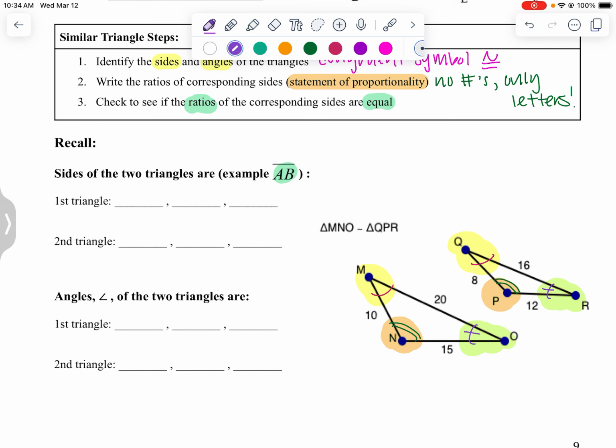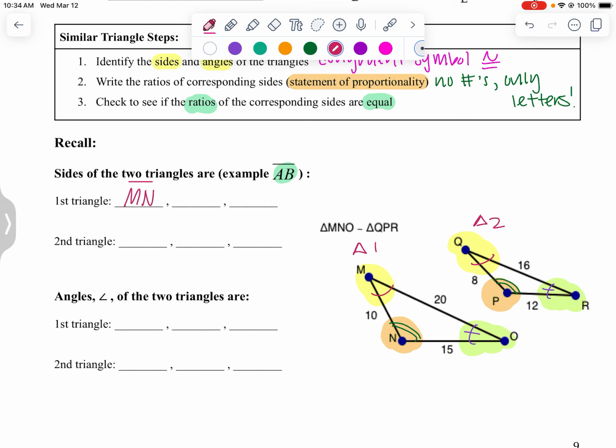So the sides of two triangles are, let's say this is triangle 1 and here's triangle 2. I'm going to name my first side MN, and I put my little segment line on top, my little top hat.